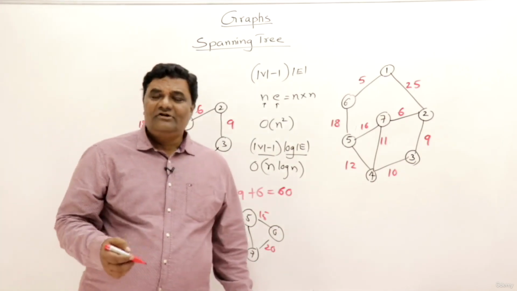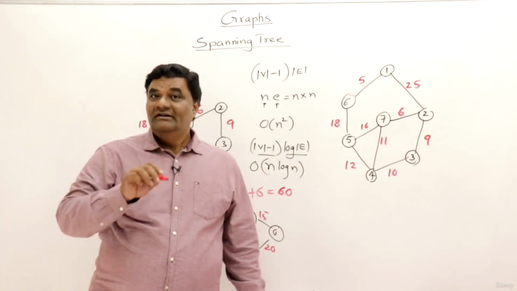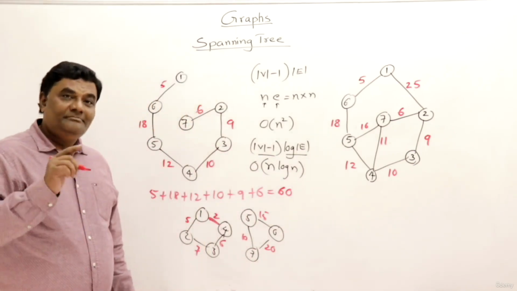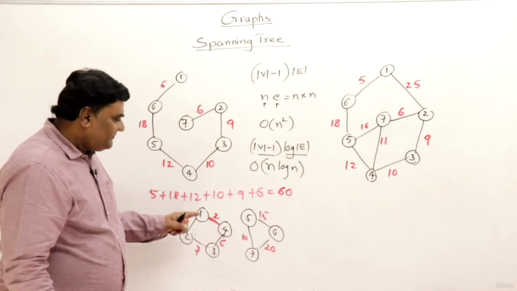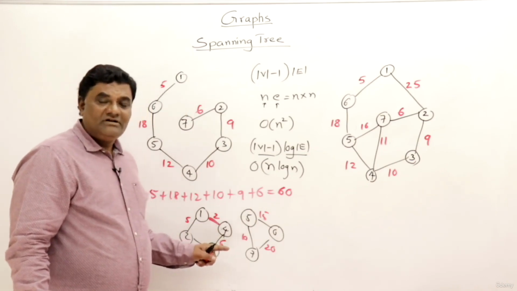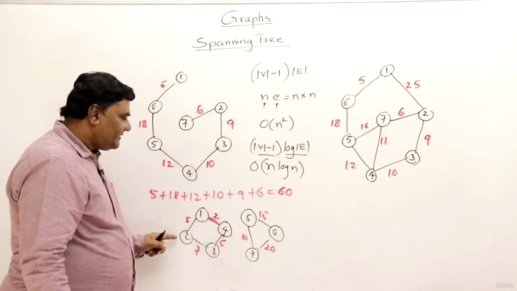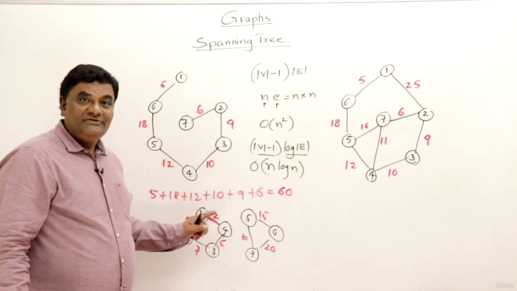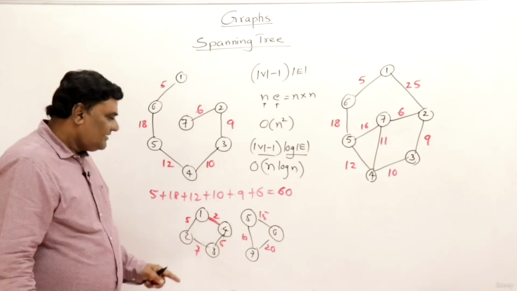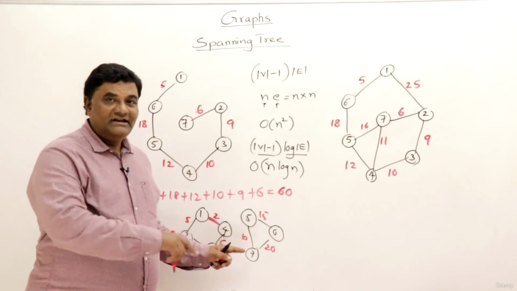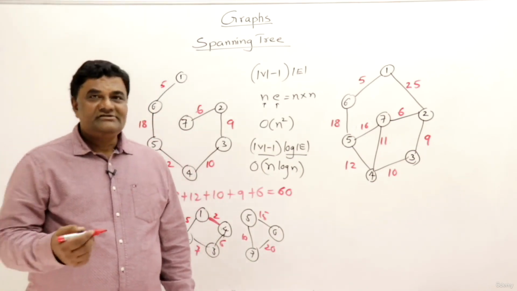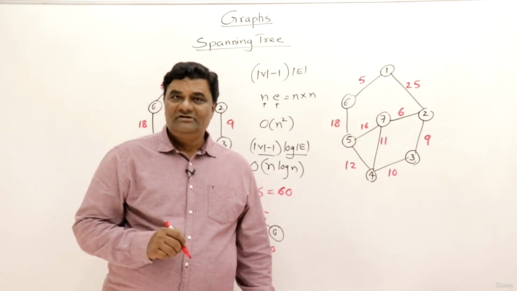Yes, we already know that for a non-connected graph we cannot find a spanning tree at all. But what happens if I run Prim's algorithm on this one? Prim's algorithm may find a minimum cost spanning tree for one of the components. Because they are not connected, it will never reach the second component. So that's all. This is the analysis of Prim's algorithm.